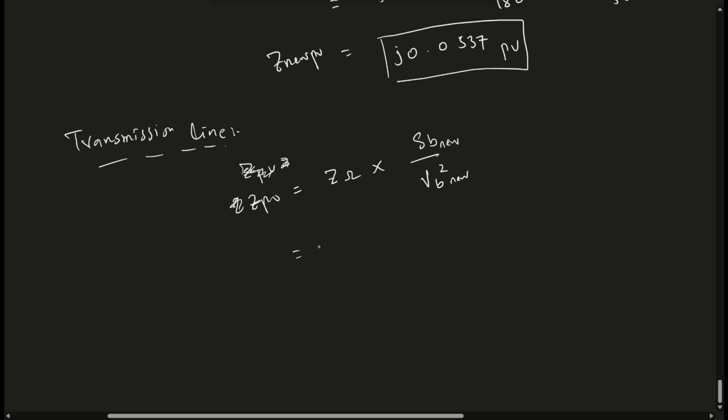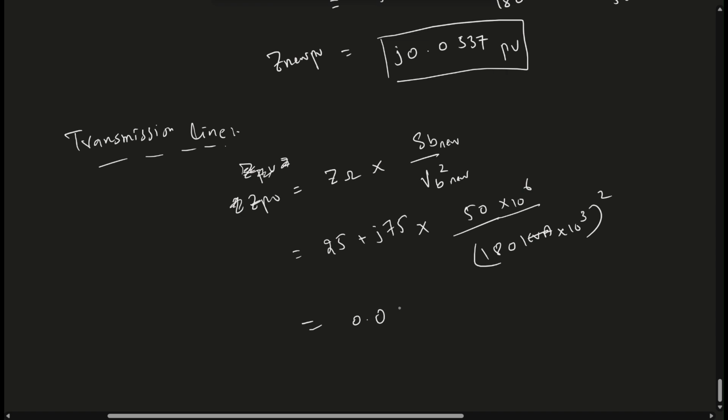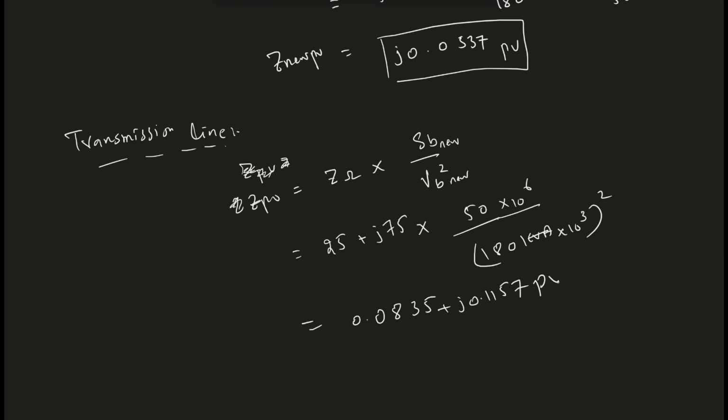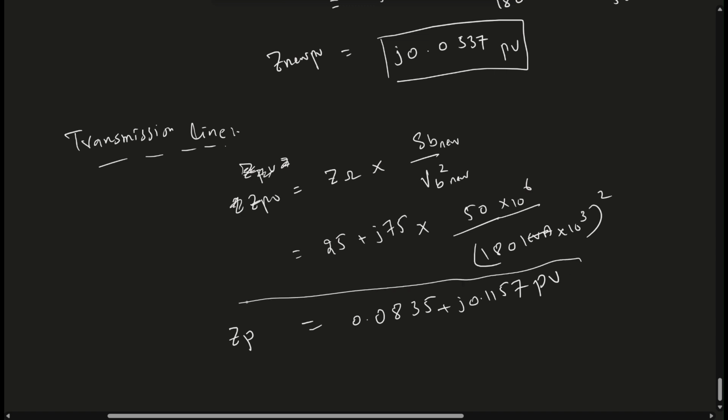Substituting values and calculating, it comes out at 0.835 plus j0.1157, and it is now in per unit. So for the transmission line we have this per unit value calculated.